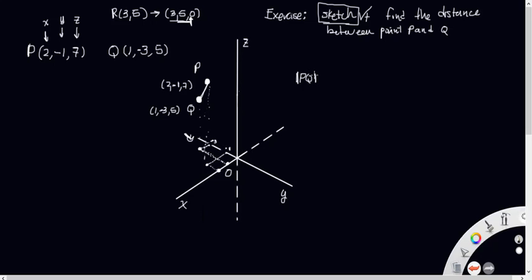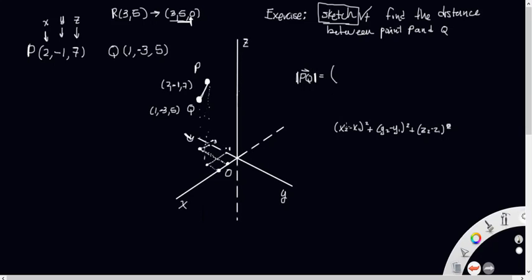So the distance between points P and Q will be equal, in this case, if you remember the general expression for this, it was the square root of x2 minus x1 squared plus y2 minus y1 squared plus z2 minus z1 squared.